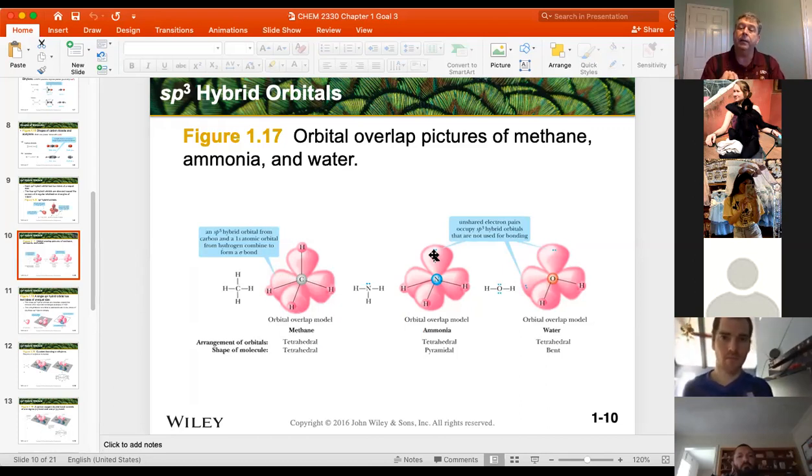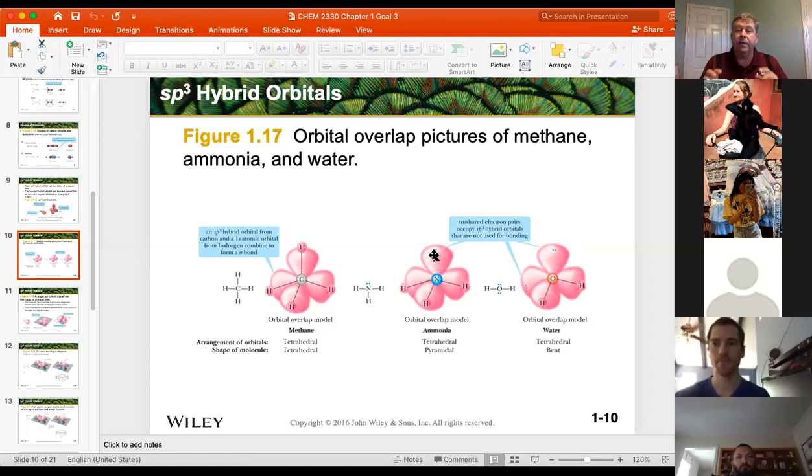They're not a bond, okay? So electronically, we are still tetrahedral. Molecularly, we've changed shape because molecular depends on the atoms we're bonded to. And the lone pair itself is just taking up space and is repulsing the other electrons, okay?